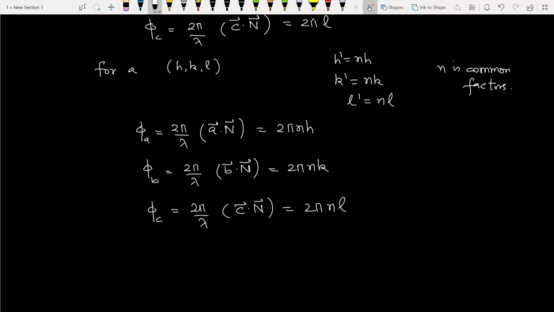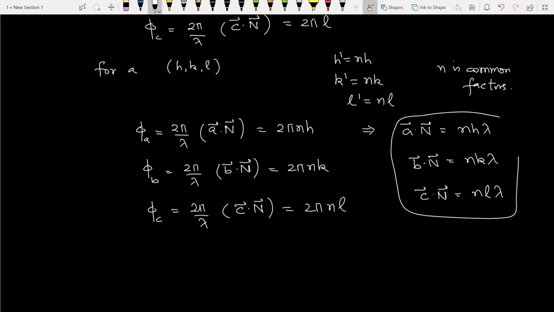Simplifying the equations, in the first equation 2 pi cancels, so it gives a dot n equal to nh lambda, b dot n gives nk lambda, c dot n gives nl lambda. So we have these three equations.